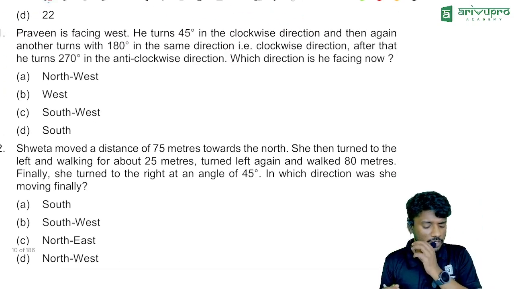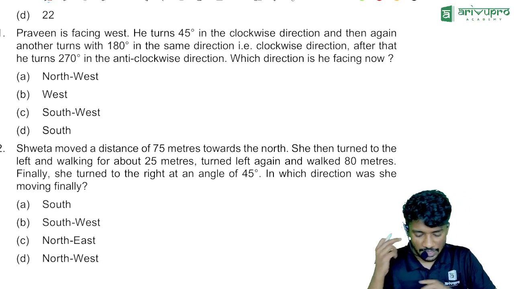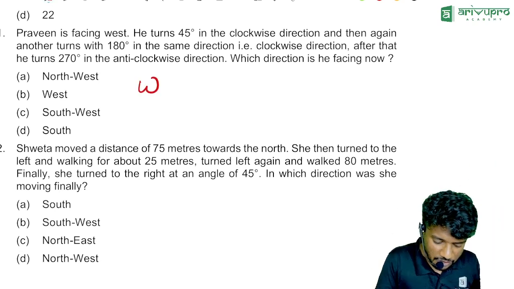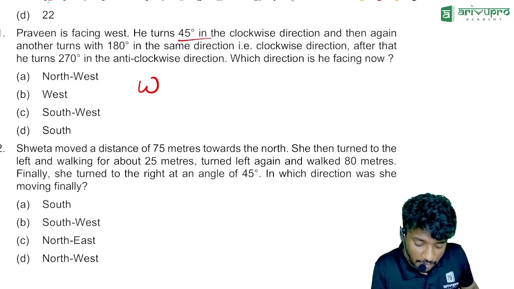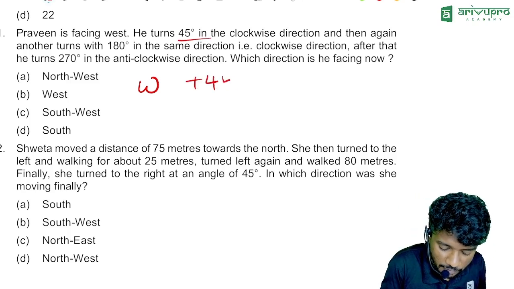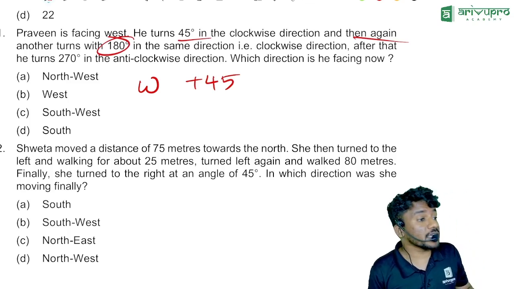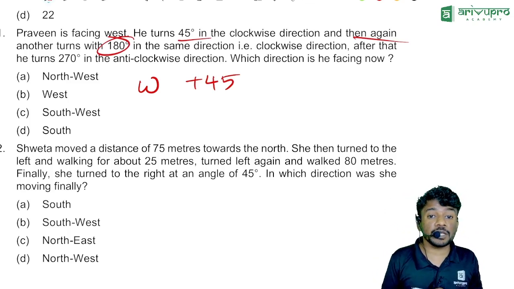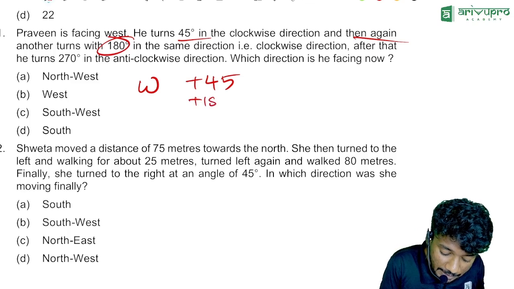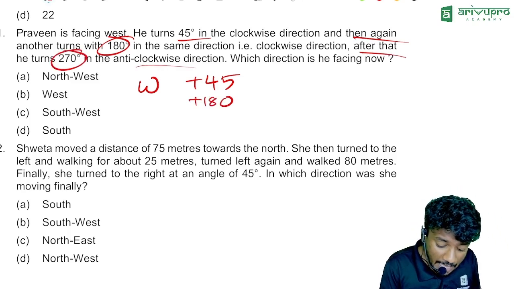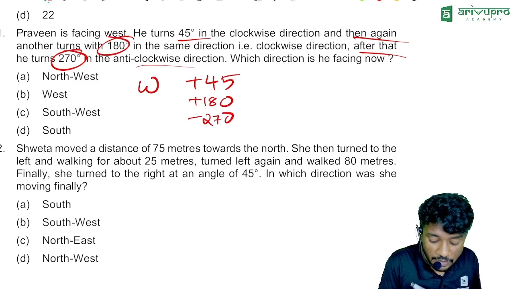Okay, can we go for the next one? Very good question, very easy question. You can find the answer very easily. Praveen is facing west. So west is the initial direction. He turns 45 degree in the clockwise direction, that means plus 45. Then again turns another 180 degree in the same direction, plus 180 degree again. After that he turns 270 degree anti-clockwise, minus 270 degree.